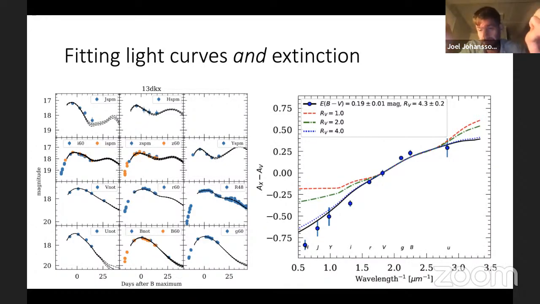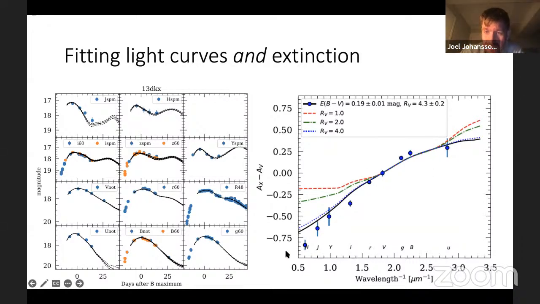the reddening parameters. So I show here the observed colors, or I'm cheating a bit here, I'm plotting the extinction in each filter normalized by the V-band extinction. And you can see for this supernova, the canonical RV of 3.1 that we usually measure in the Milky Way is not a very good fit.